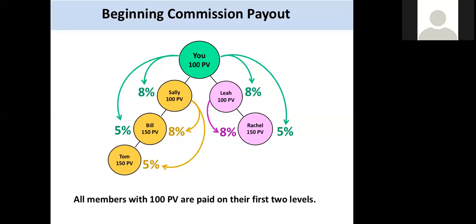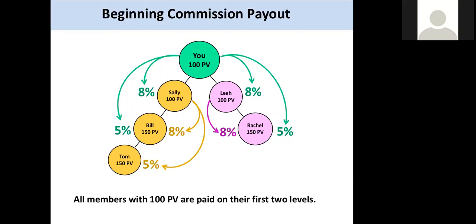Now, in addition to that, the question I like to ask about that particular side of the organization is, will Bill receive any commissions based on Tom's volume? And he will, because Bill has over 100 PV. He has 150 PV. So he would qualify to receive 8% of Tom's volume because Tom is first level, unilevel to him.